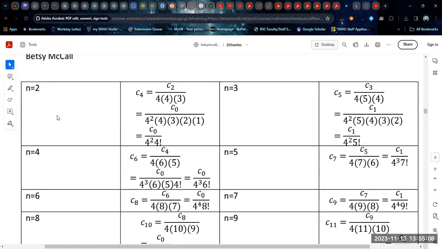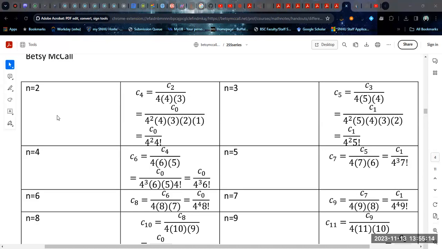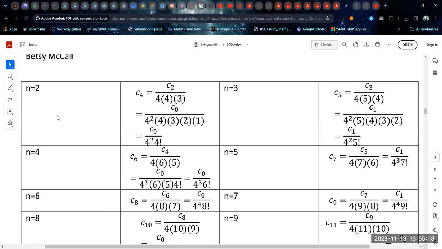Now, the algebra gets a little bit more complicated because we always want our final answer to be based on C0 or C1, because those are the generating constants for our function. So when n is 2, we can calculate C4 using C2, and then plug in the value for C2 from our previous expression to get an expression for C4 that involves only C0.